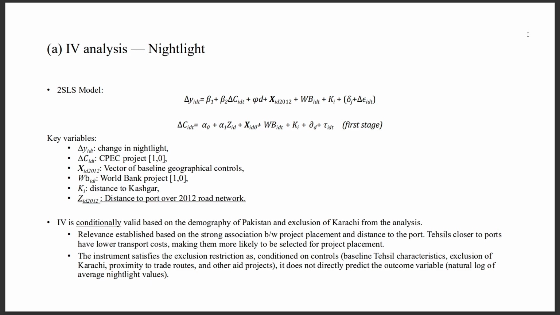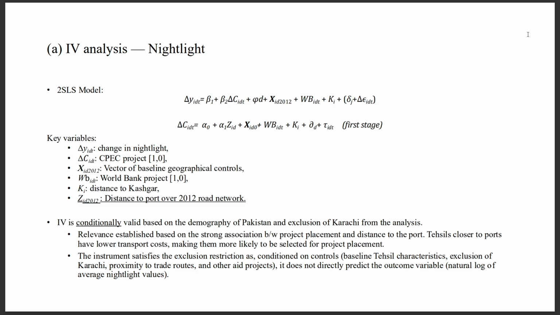This is because of the demographic distribution across the Indus Delta, which is different from, for example, countries like the United States, where the coastal regions are far more developed. So that is what I have done over here.